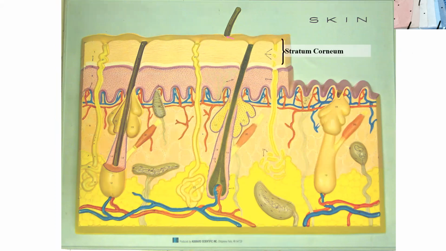Okay. The outer layer of our skin is called the stratum corneum. It is nothing but stratified squamous epithelial cells designed to wear off. It protects us. We have this clear layer called the stratum lucidum. Again, dead cells. Stratum granulosum is below that. Stratum spinosum.